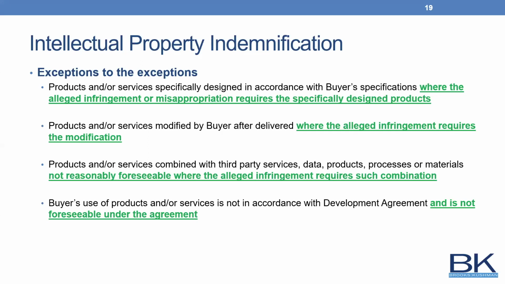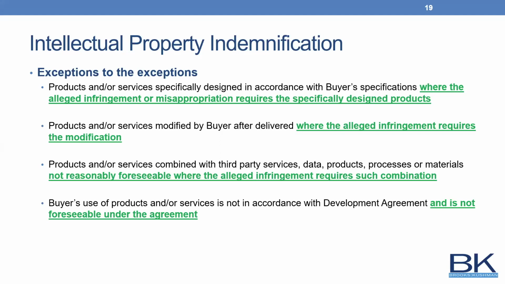So what makes sense is to understand what is reasonably foreseeable with respect to this combination, and it may take some drafting and some specifics to identify in the agreement, but you'd want to identify those specifics so these foreseeable combinations would still potentially fall under the obligation to indemnify due to IP infringement.